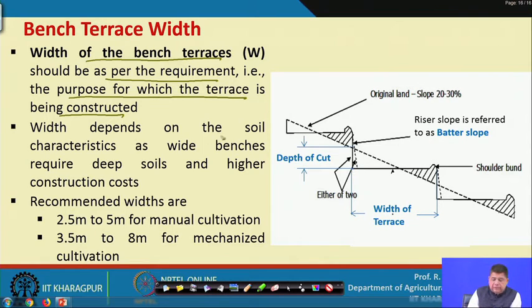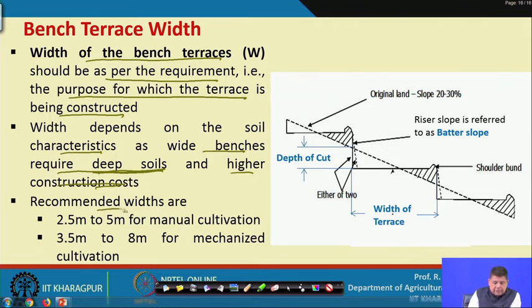Now, width depends on the soil characteristics, as wide benches require deep soils and involve higher construction cost. So, the higher the width, obviously the depth of cut and the cut and filling will be more, so construction cost will be higher. And of course, if the depth of cut has to be more, then the soil has to be deep enough so that it could support the cutting.